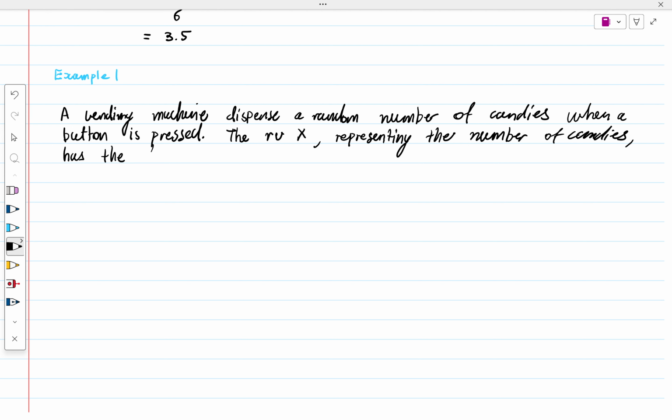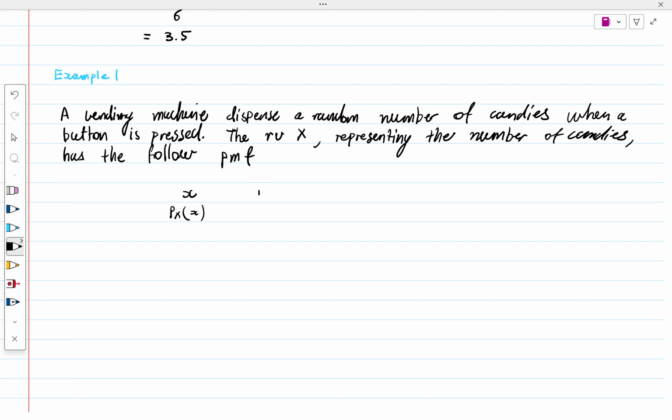Has the following probability mass function, I'll just say. And let's give it here. Let's say it's p_X(x), the probability X equals x.